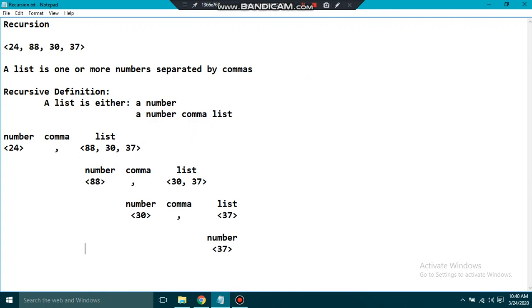So after applying the definition recursively, we get the list something like this. We have 24 as a number, then the comma, followed by another list 88, 30 and 37, and then we apply the recursive definition again on the list. So you have 88 as a number, then the comma and another list 30 comma 37, and so on till we get the single number, which is 37. This is how we can define a problem in a recursive way.